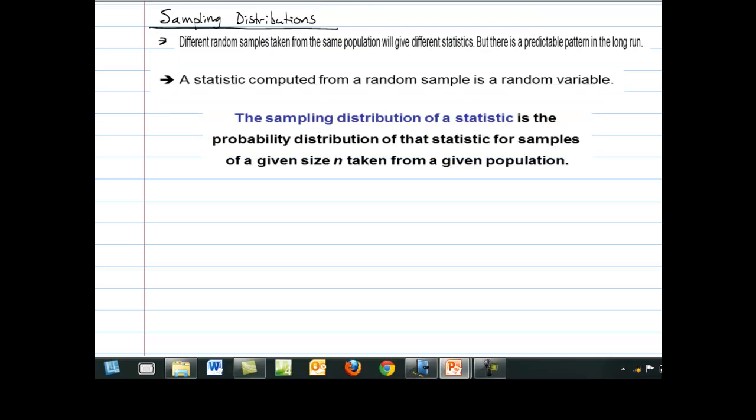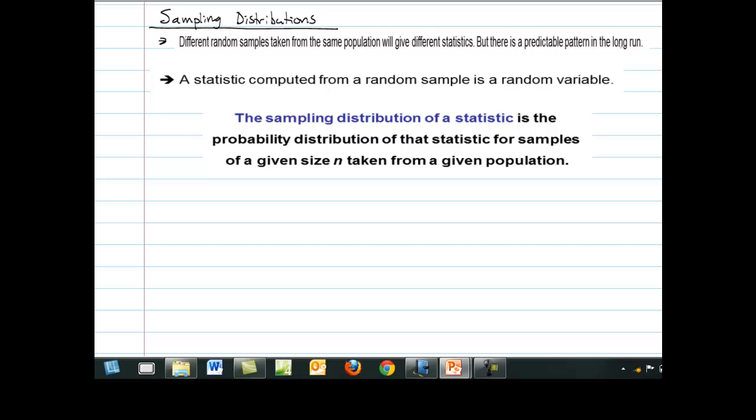So to review these ideas again, different random samples taken from the same population will give different statistics. So if I have my class and I take a group of 5 students and calculate their GPA and another group of 5 students and calculate their GPA, I'm going to get different values or different statistics. But there's a predictable pattern in the long run, meaning I know that they're going to go toward a particular value from the population. So a statistic that is computed from a random sample is a random variable in and of itself.